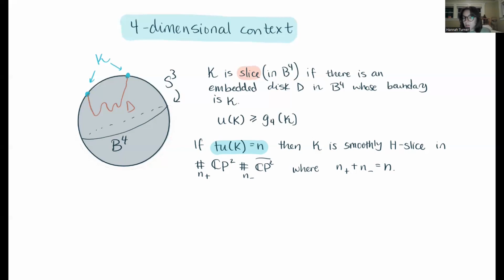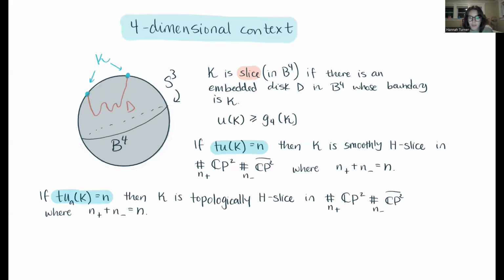This is a homological condition on the slice disk that is important in some applications. I'm not going to emphasize the difference too much, but it's a stronger statement than just being slice. When we look at the algebraic version of this invariant, you get a similar statement, but for topologically H-slice. And again, the difference between smoothly and topologically is an important distinction. So the difference between the untwisting number and the algebraic untwisting number is maybe important.